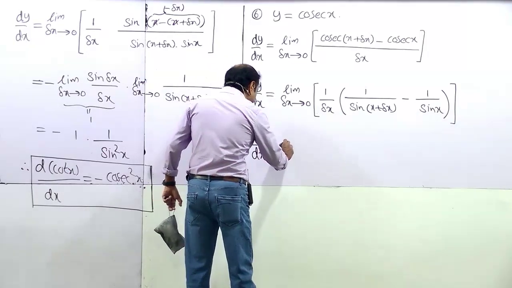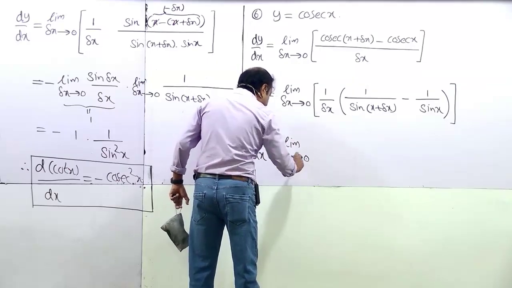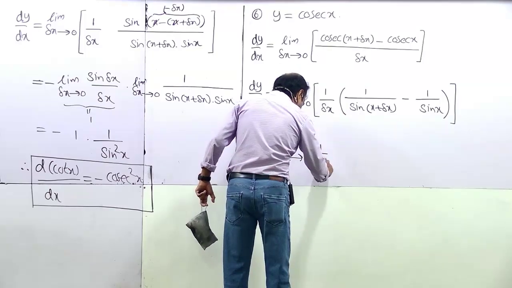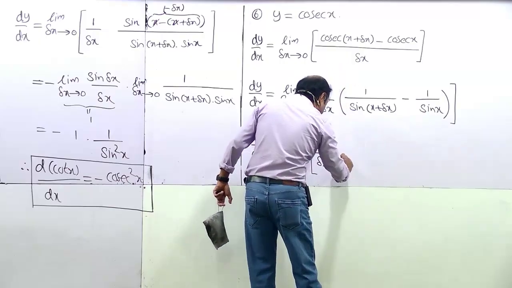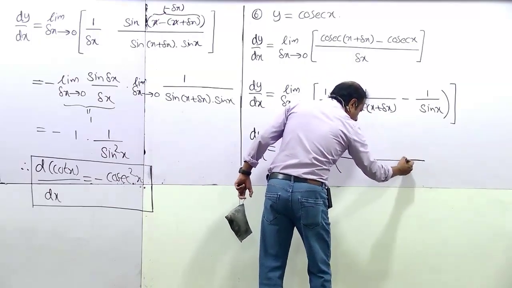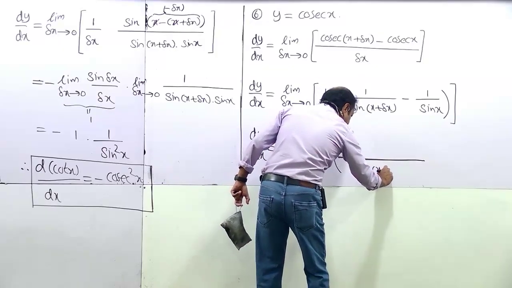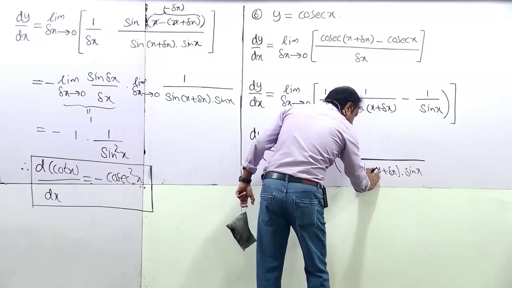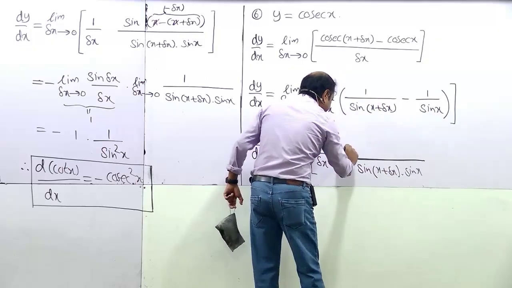dy over dx. Take here the common denominator as the product of these two. Then sin x comes in here, sin(x plus delta x) comes in here.